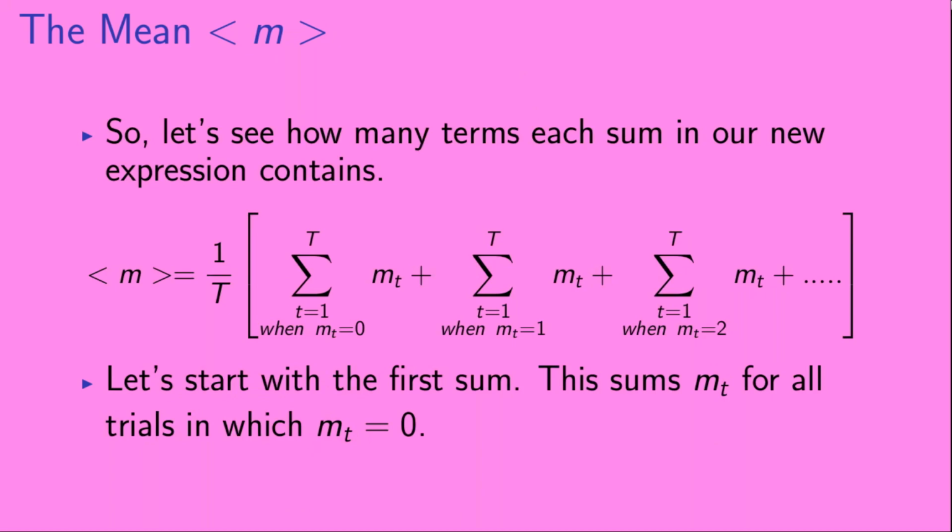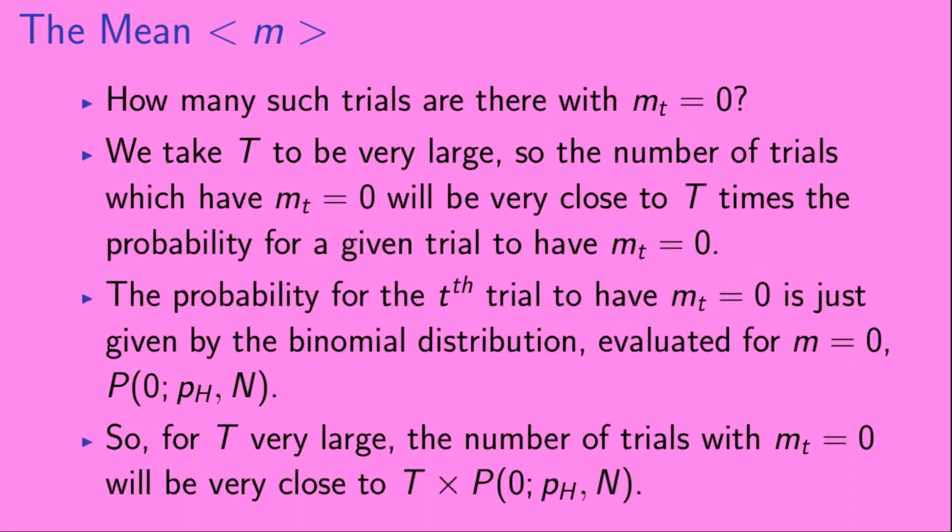Okay, so let's see how many terms each sum in our new expression contains. So let's start with the first sum. This sums mt for all trials in which mt is equal to 0. So how many such trials are there with mt equal to 0?